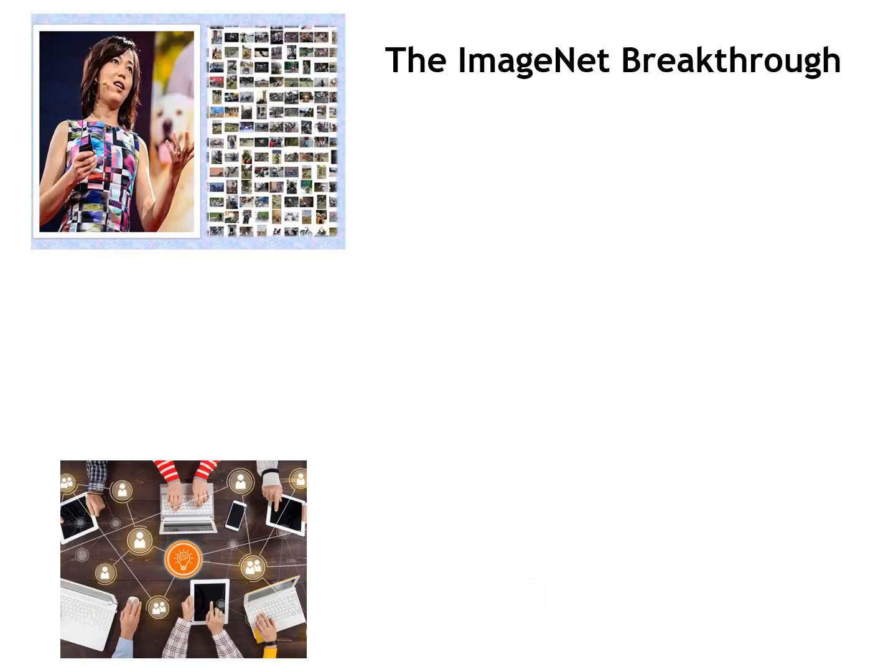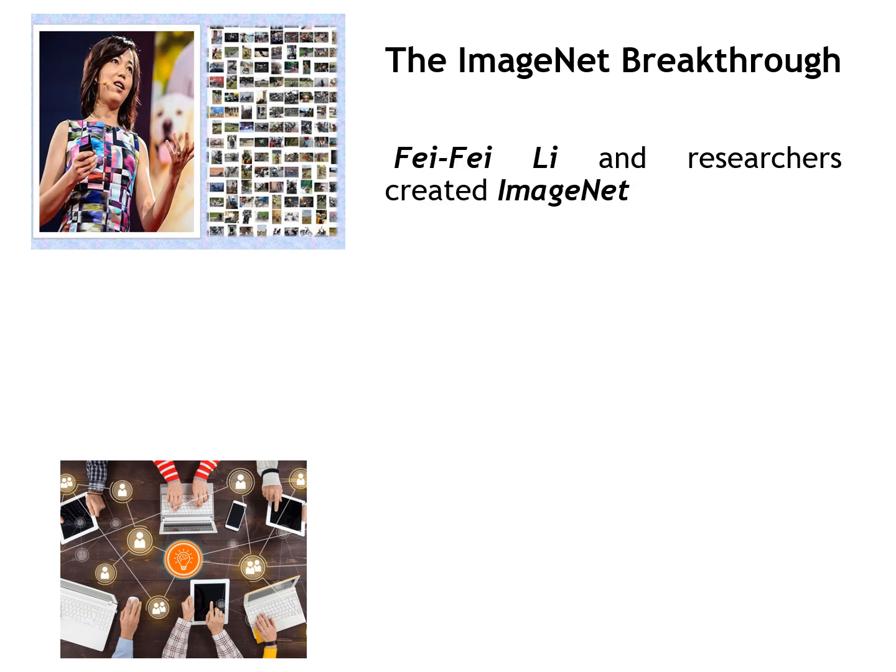Now we're going to talk a little bit about the history, and I'm going to play a video where Professor Fei-Fei Li and her researchers create ImageNet. And she will say something that is very interesting. At this point in history, even the smartest computer, even a computer that was able to beat the best chess player in the world, was blind.